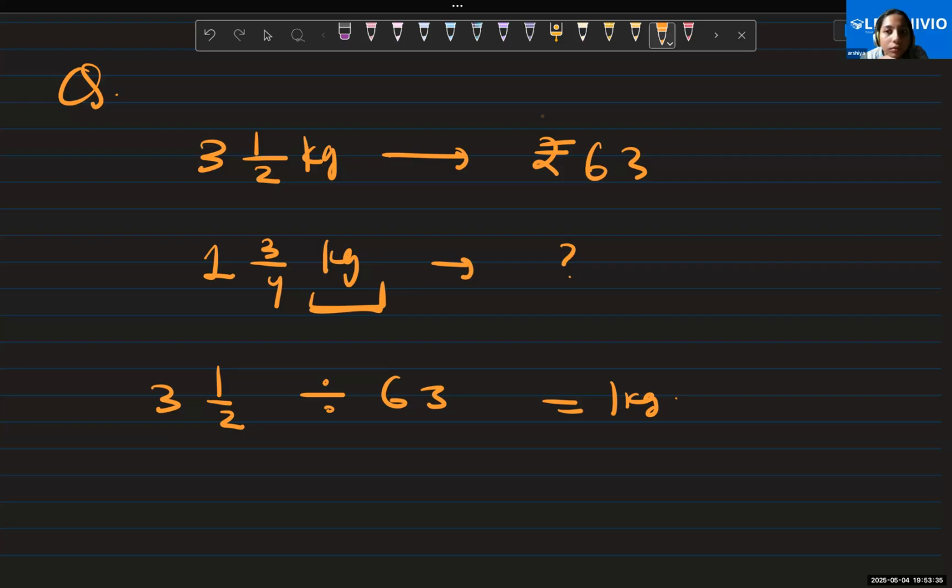What page number is that? It's not shown in the picture. Okay, wait. I think 16. Let me just check. Yes, 16.